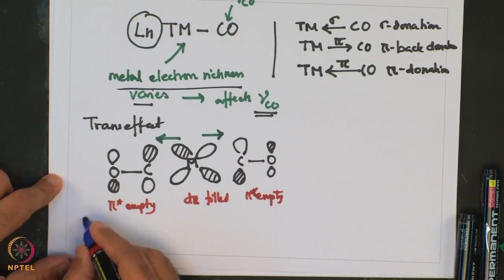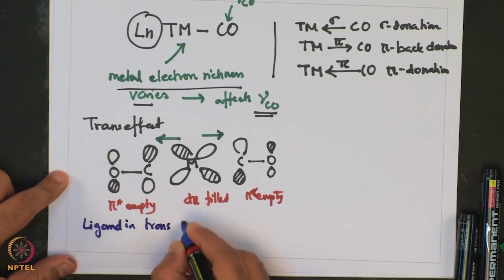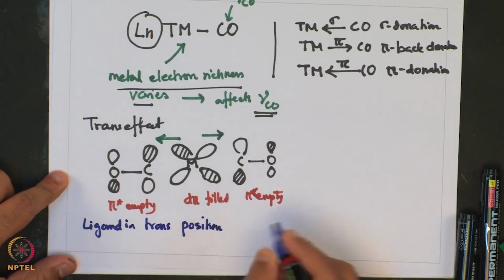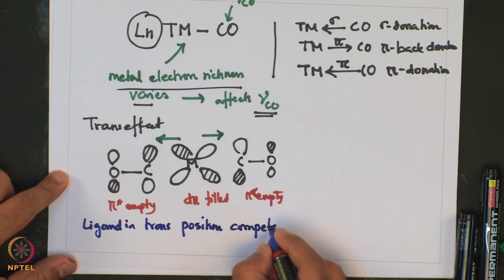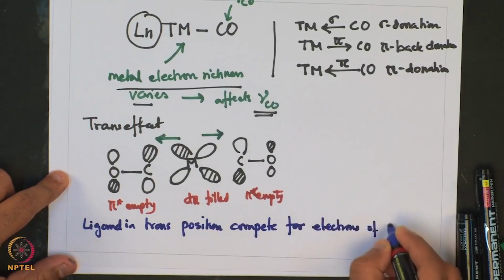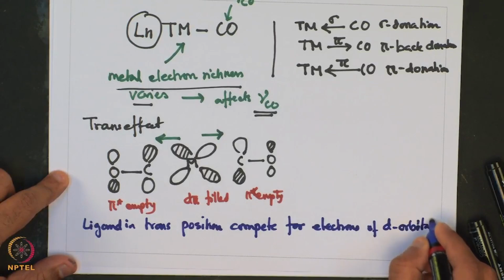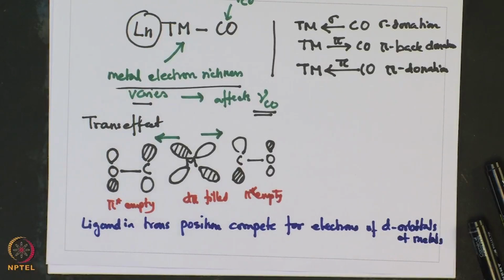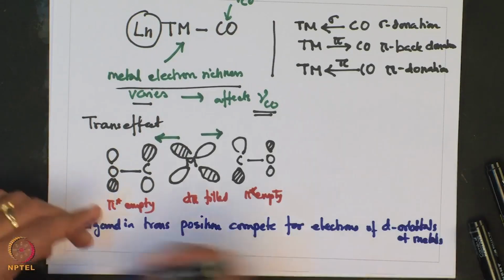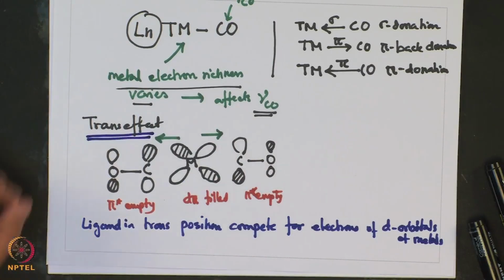So, ligands in the trans position compete for electrons of the d orbitals of the metal. That explains the trans effect, or that is where the trans effect arises from.